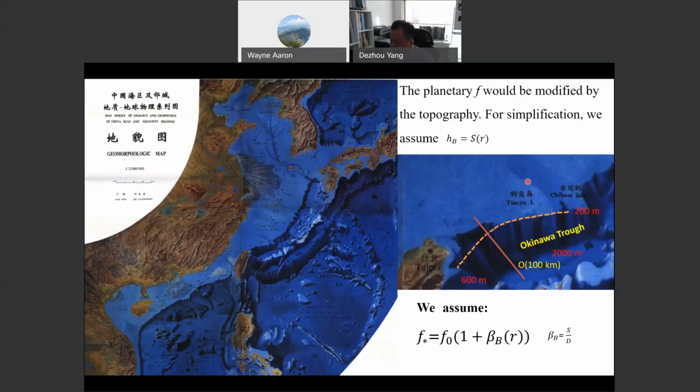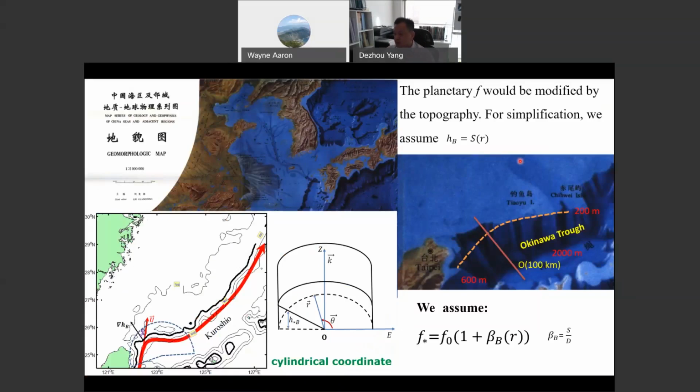To understand this, we use cylindrical coordinates. We assume the bathymetry is only a function of radius, and the planetary f is modified by the topographic beta, and f0 is a constant.